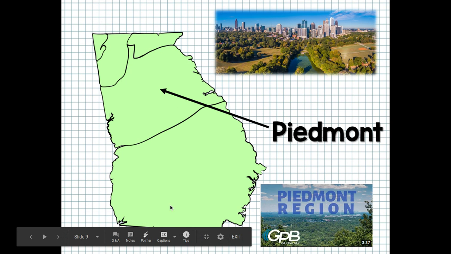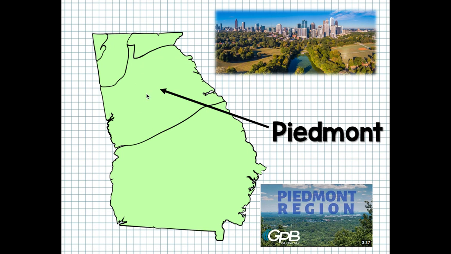Then we go up to the middle, the center of Georgia, and that region is the Piedmont region. This region is known for having rolling hills. All right, so the land starts to go up and down, have some rolling hills in that area.